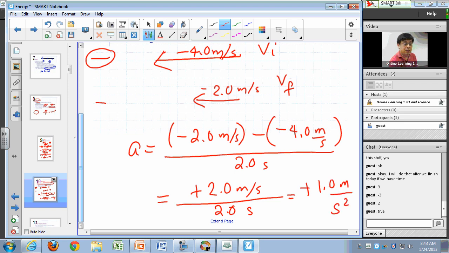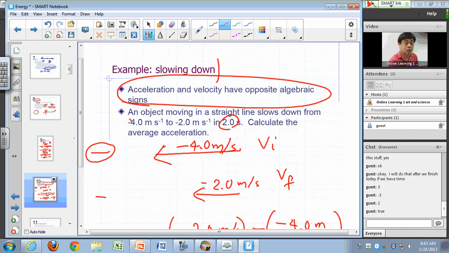So you can see your velocity is negative, your acceleration is positive, you are slowing down. And you can work it out the same way if you take the other direction as your negative direction. It doesn't really matter. So acceleration and velocity have the same algebraic sign if you're speeding up. If you're slowing down, they have opposite algebraic signs.